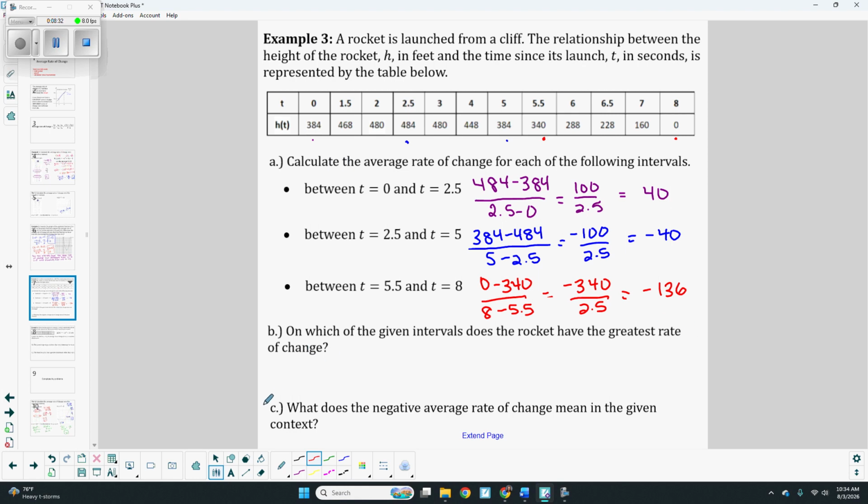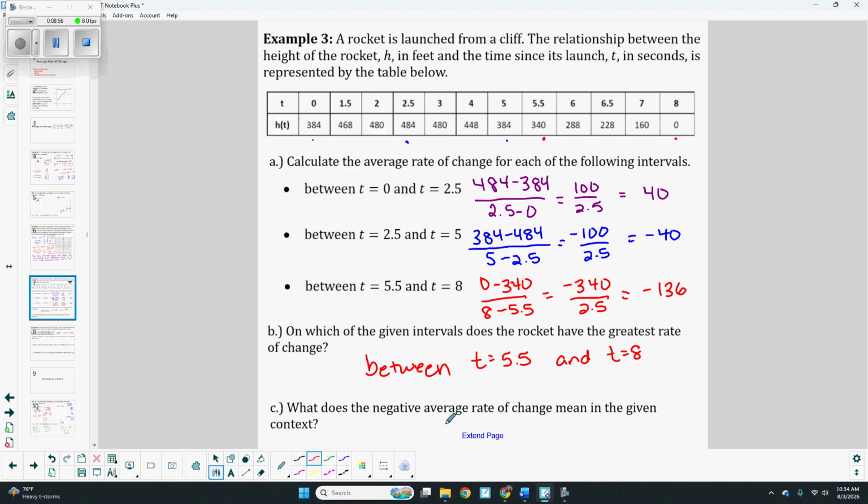So ignoring the signs, the 136 was the biggest number. So that would be between t equals 5.5 and t equals 8.